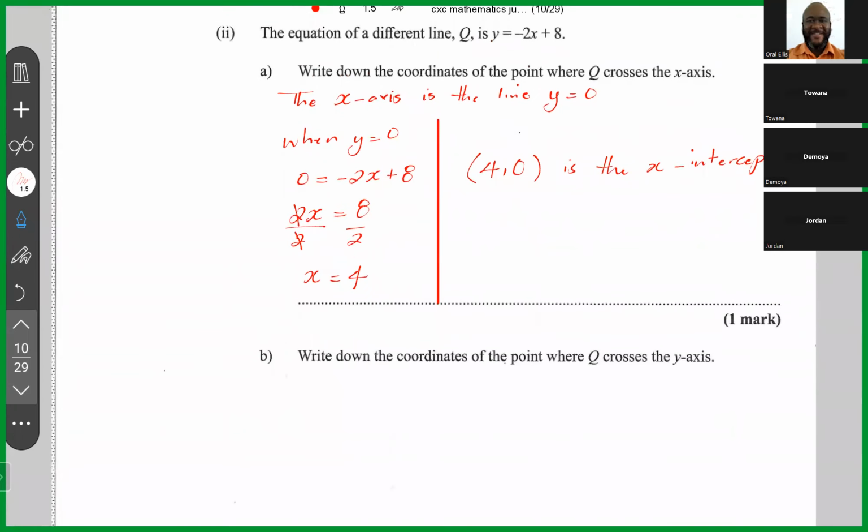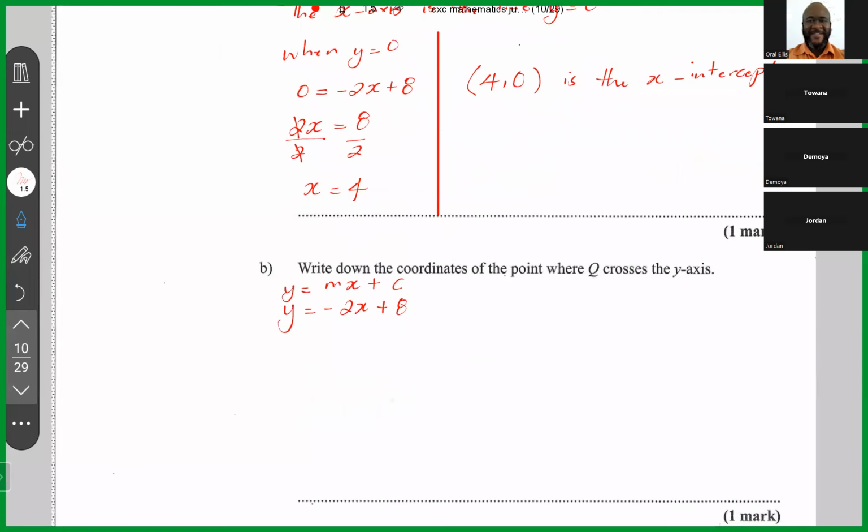Now you can get that from the equation itself. y is equal to -2x plus 8. This is in the form y is equal to mx plus c. So c is 8, and c is the y-intercept. The y-intercept is where the graph crosses the y-axis.